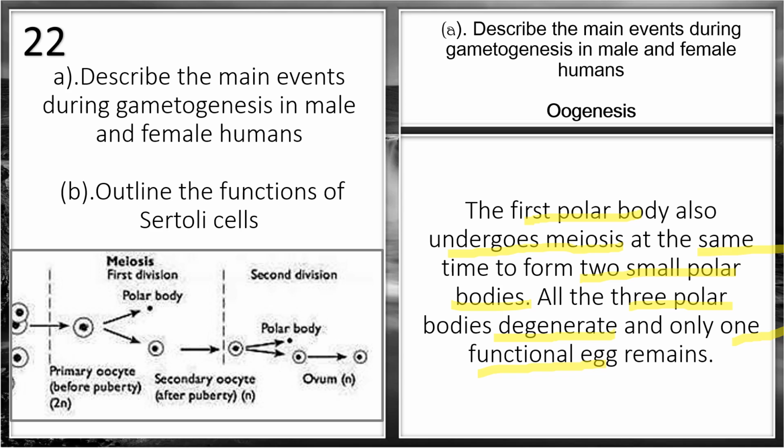So remember, we formed the first polar body, we formed the second polar body. Even the first polar body will also divide to form another polar body, and there will be three polar bodies, which will degenerate. But at the end of it all, we shall remain with only one functional egg, which is the ovum.